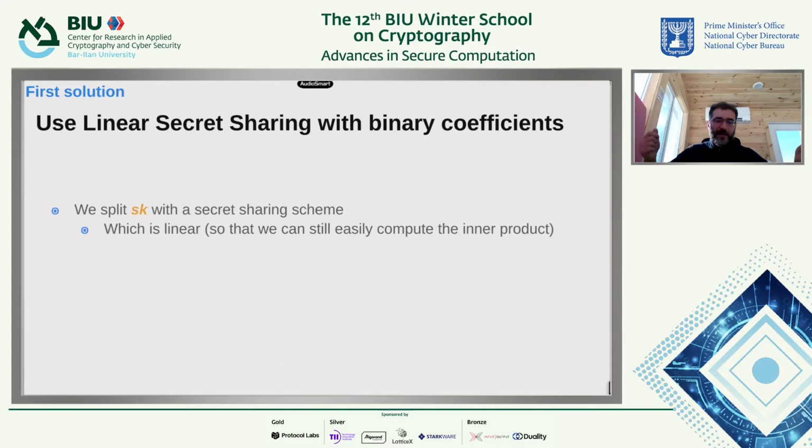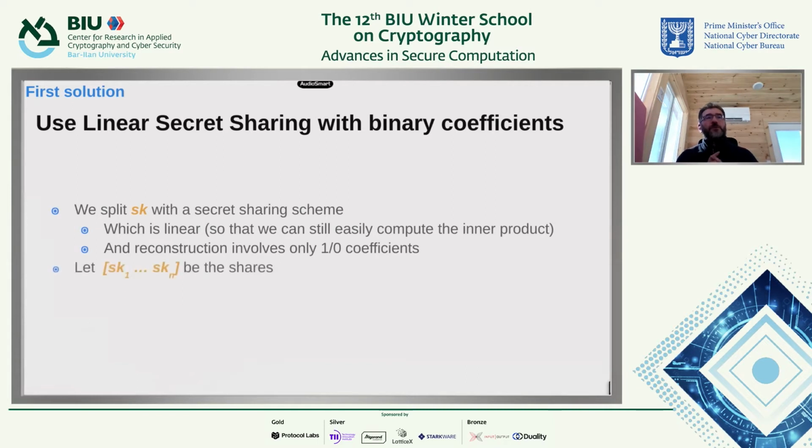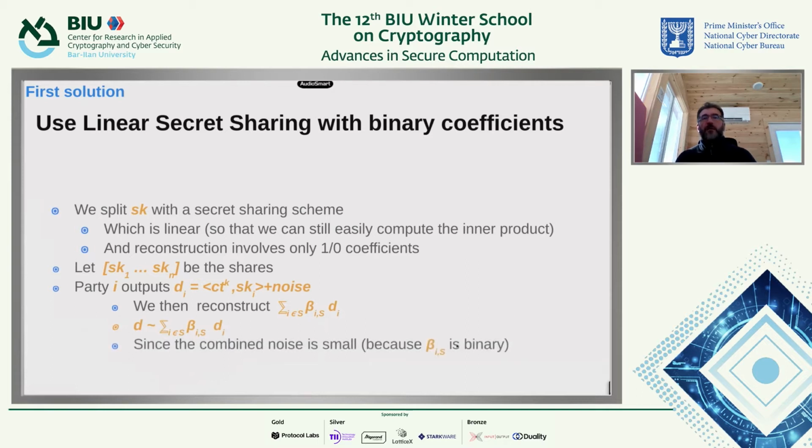By linear, I mean that you can compute a linear function over the shares, but the reconstruction involves only binary coefficients. If that's the case, then when we reconstruct, because these B_i's are binary, the noise is still going to stay small. Because it stays small, this linear combination is going to be close to the value that you would get in the centralized case, and so decryption still works.